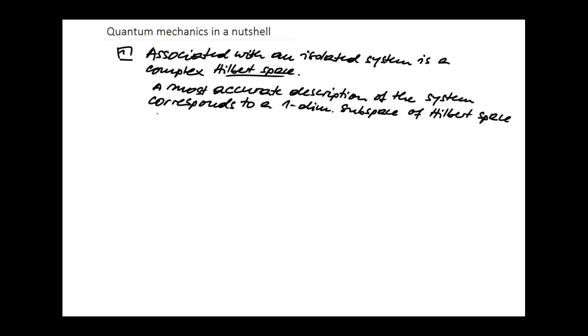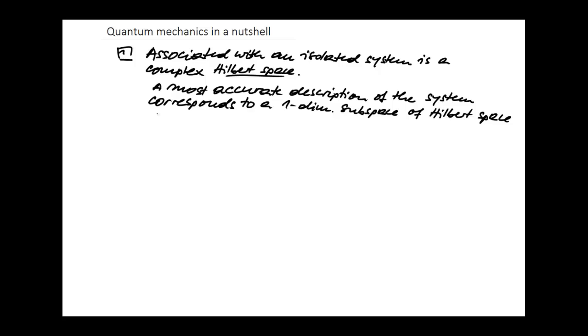A pure state, of course, is the most accurate description that you can have of the state of a quantum system. So let me put it in this way: a most accurate description of the system corresponds to a one-dimensional subspace of Hilbert space.